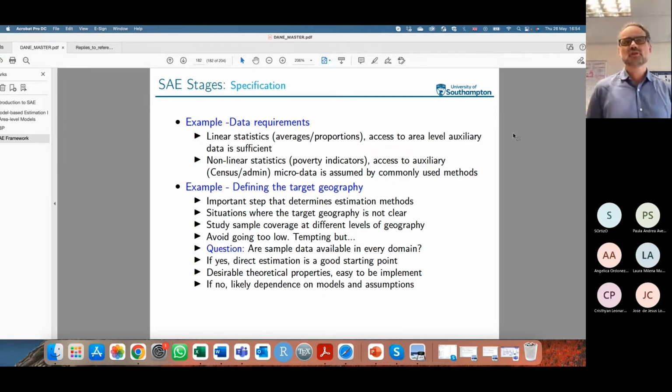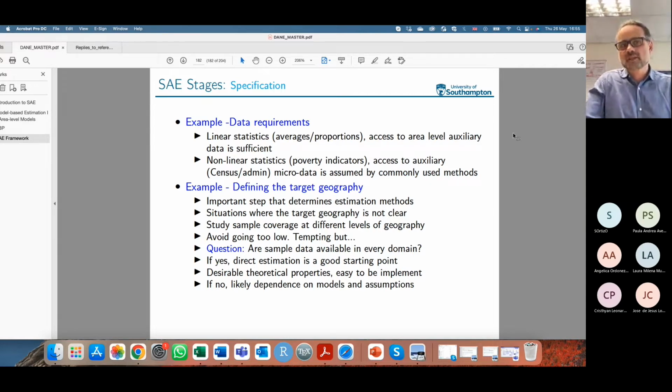If you're interested in estimating something that is a linear statistic, say averages, proportions, and things like that, then as we described, in addition to the design-based methods that we described in section 1 of the training, you can have access to area-level auxiliary information. If you use model-based methods, then access to area-level auxiliary information will be sufficient. So you don't need a lot of detailed information, really.